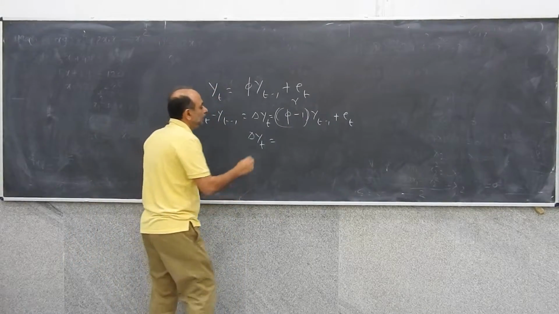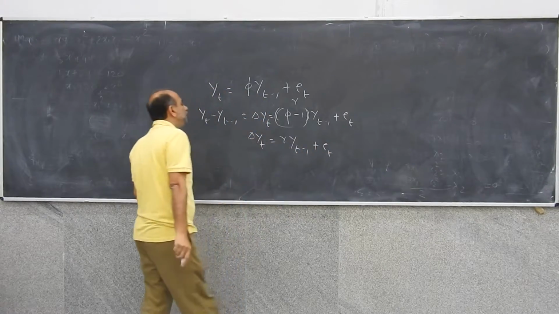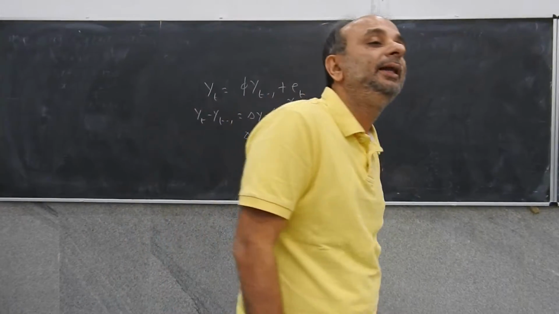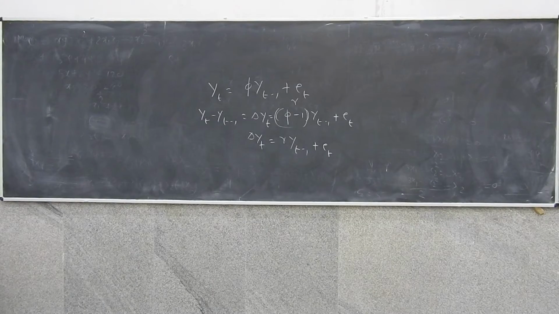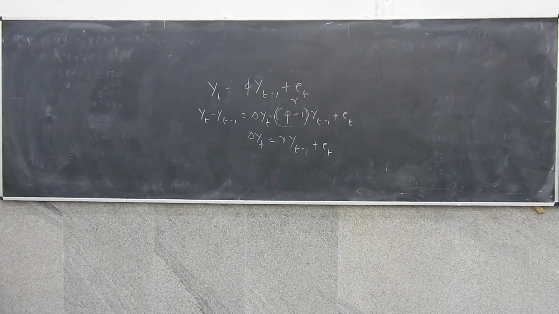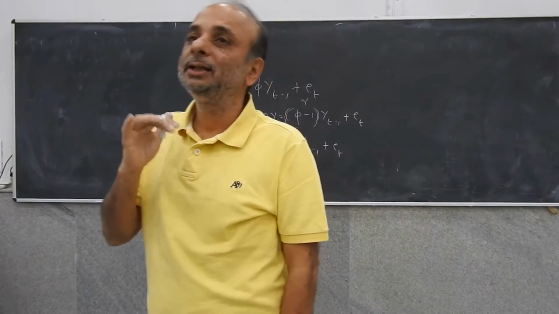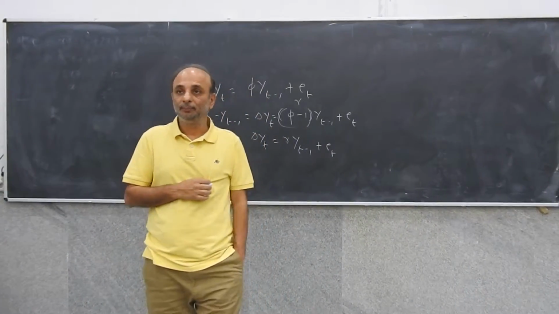Okay? And you have gamma. So the dependent variable is the change in yt. The independent variable is yt minus 1. I am assuming that there is no intercept in the regression model for simplicity, but there can be. There can also be a linear trend in the regression model, but we are keeping things at the simplest possible level so that we can understand how things work.